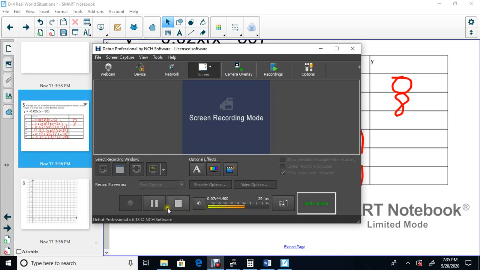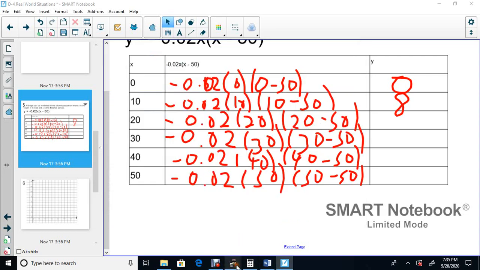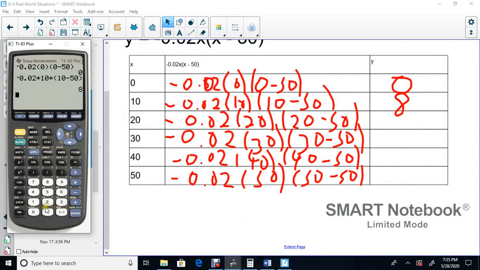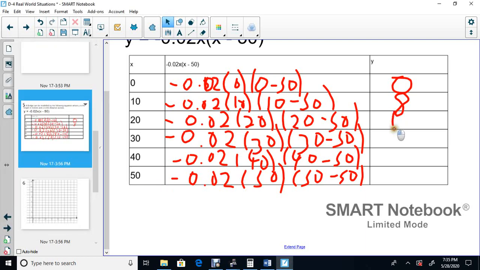So let's go to the calculator. Negative 0.02. This time we use a bracket, 20, and a bracket, 20 minus 50. You get 12. So over here you get 12.